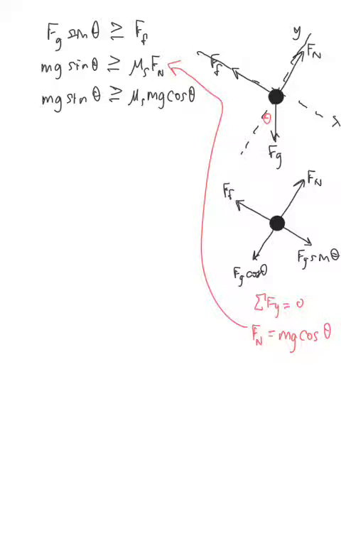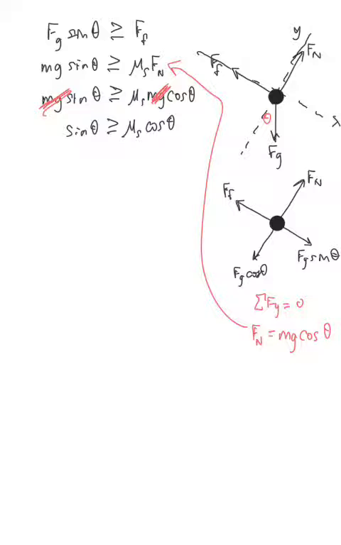We're trying to get an inequality statement for theta, so we need to ultimately get theta by itself. First thing we can do is divide both sides by mg, because that will cause the mg's to cancel out. So that gives you sine of theta is greater than or equal to mu s cosine of theta.